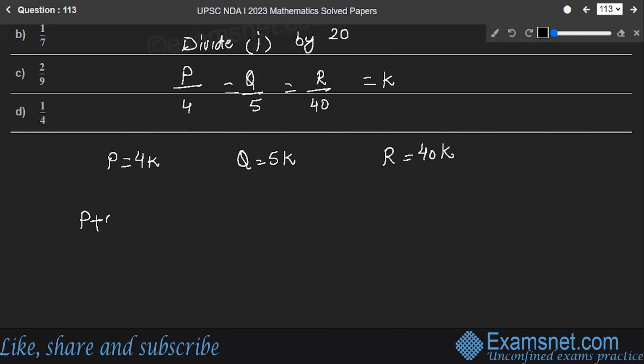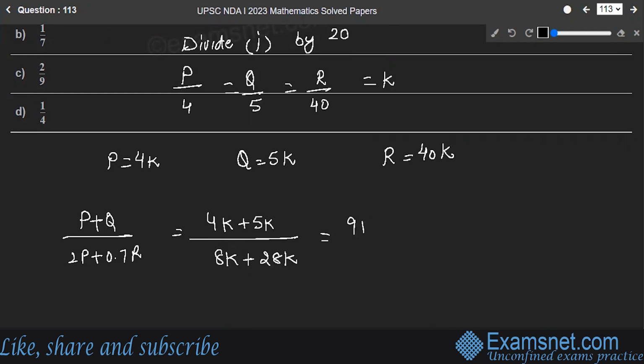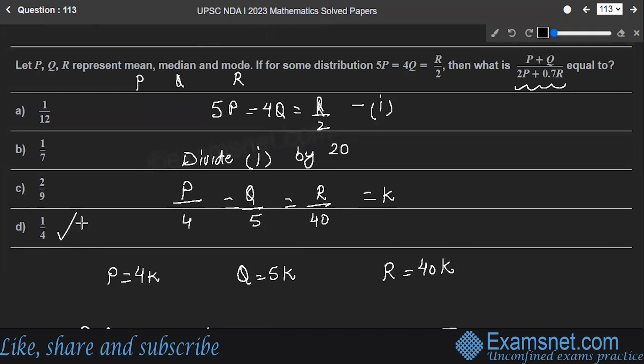You have to find out the value of P plus Q upon 2P plus 0.7R, which is equal to 4K plus 5K upon 8K plus 28K, that is equal to 9K upon 36K, or 1 by 4. So option D is the correct answer to the question.